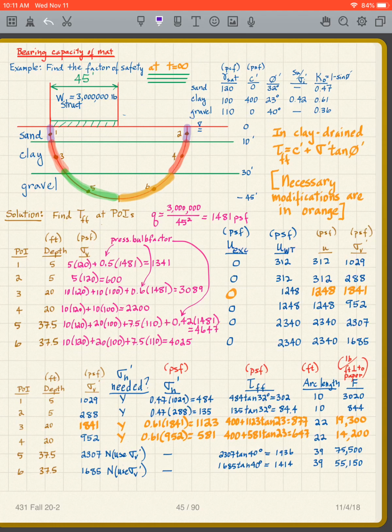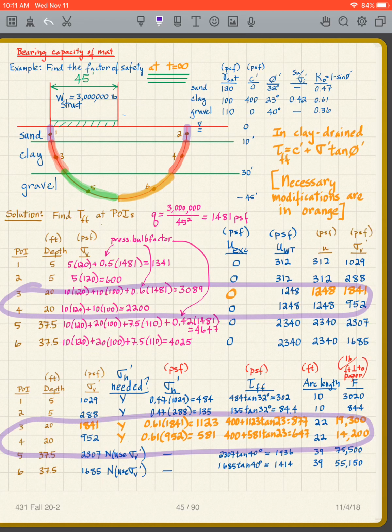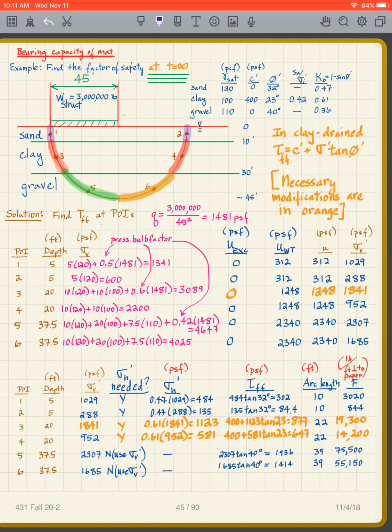So the only things that change are in the clay here, and many of the calculations are identical. But the modifications are in orange. So look at the orange here. What do we see?